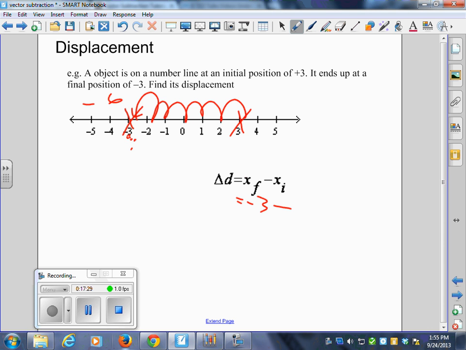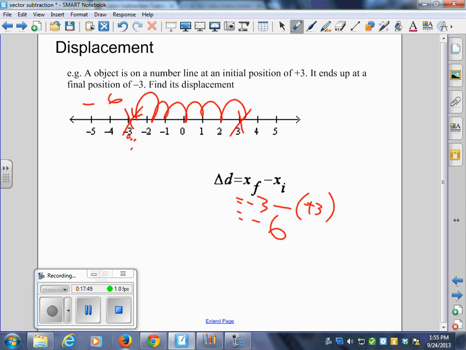Plus 3. So minus, not minus 3, minus plus 3. Well, this is just integer stuff from grade 7 or 8. Minus 3 subtract plus 3. Still not that complicated, right? A little bit confusing, this kind of stuff, but really.